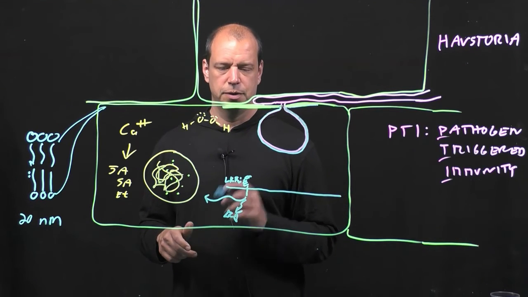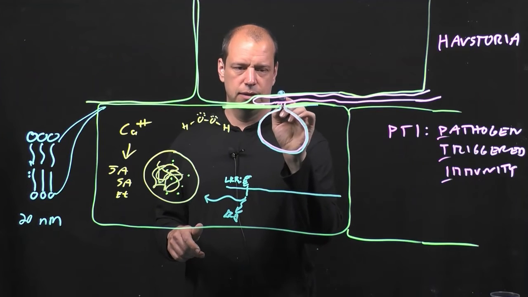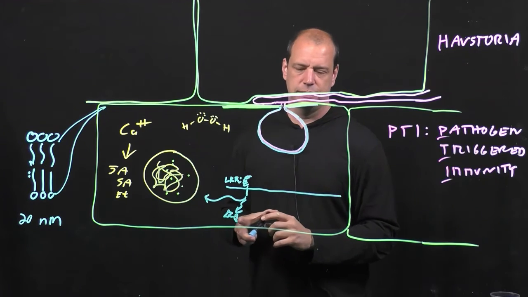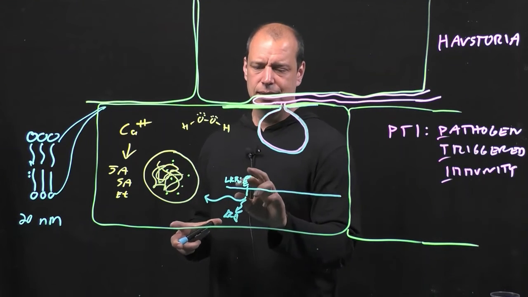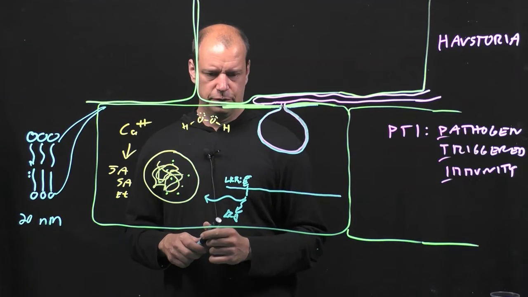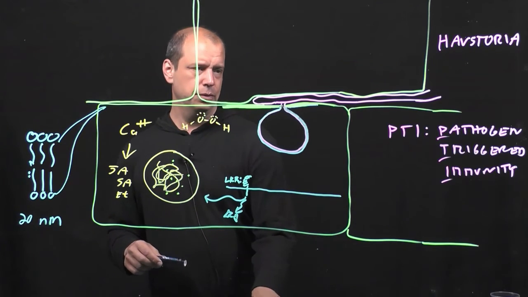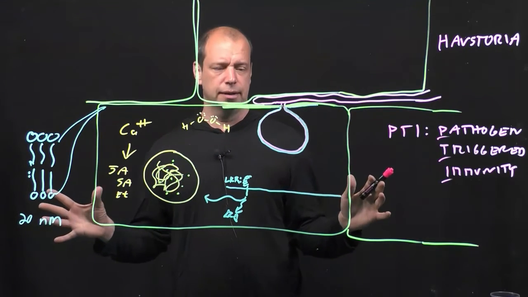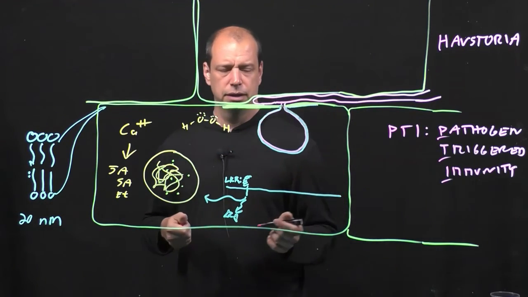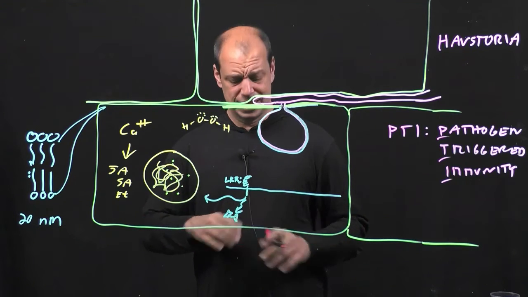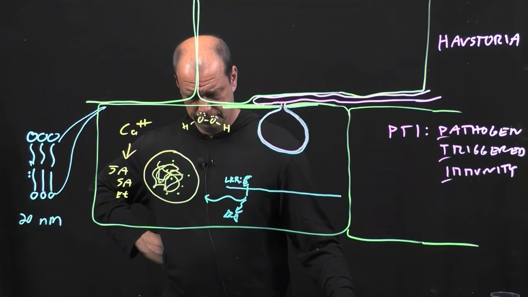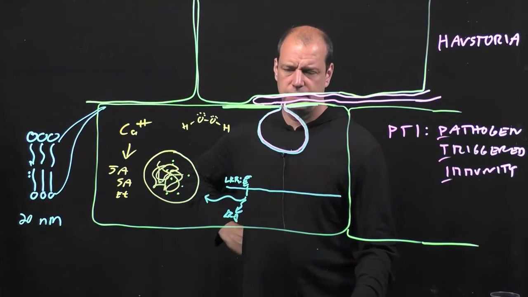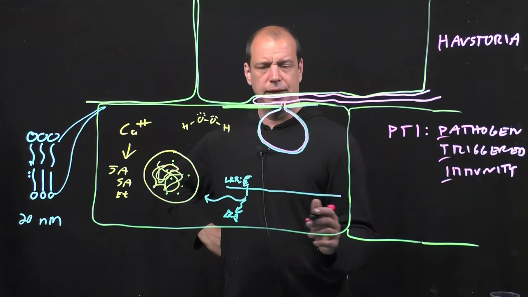So you're probably wondering how this receptor senses this fungus. Typically you have many types of these, but they respond to molecules that are common to broad classes of pathogens. In the case of fungi, I don't actually know the names of these molecules offhand.